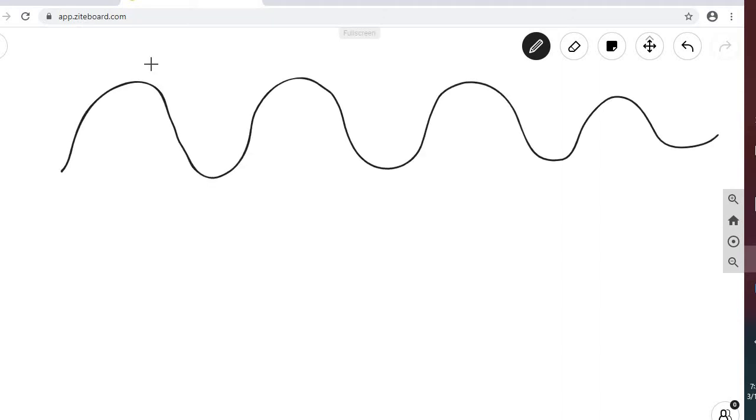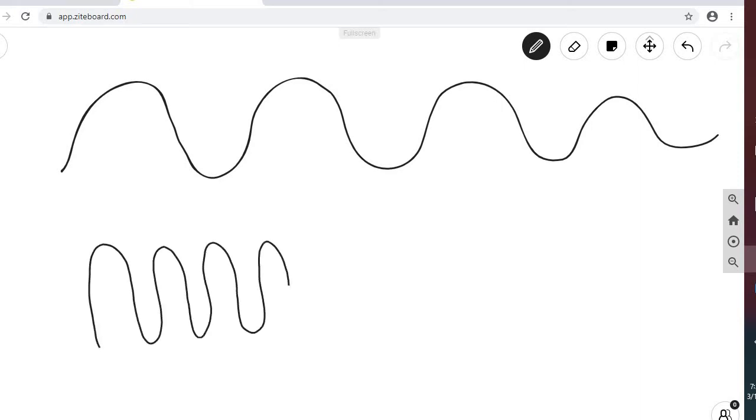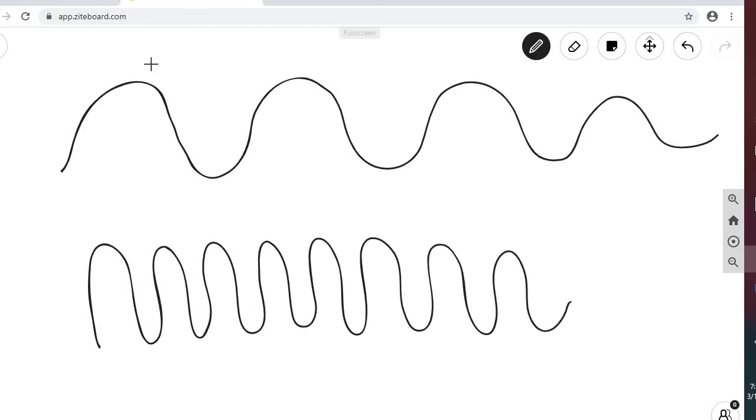The other thing I want to show you is the relationship between frequency and wavelength. Okay, so frequency is how many per second, and wavelength is, again, peak to peak.